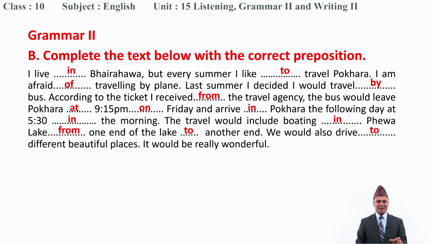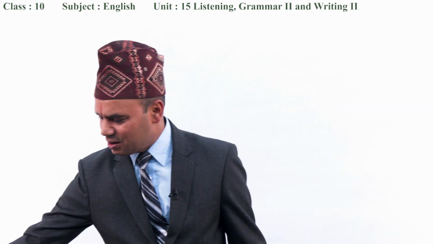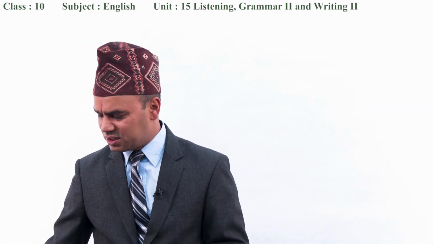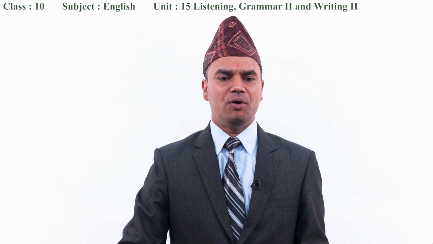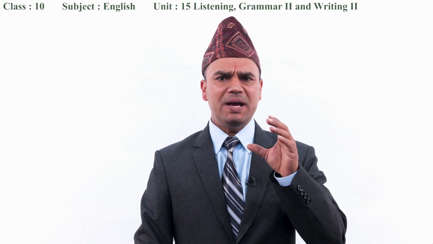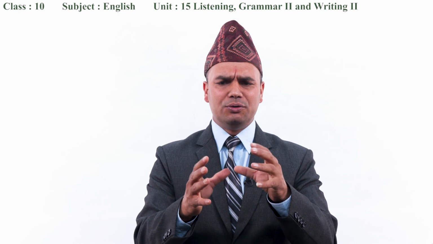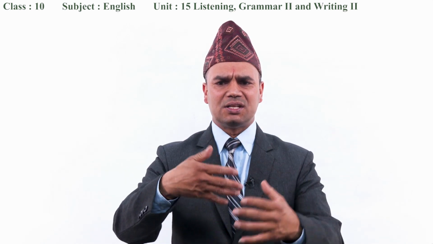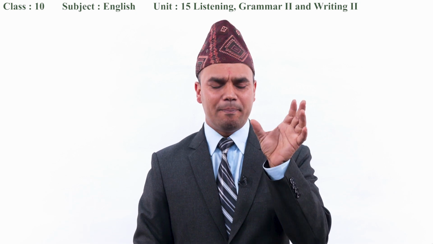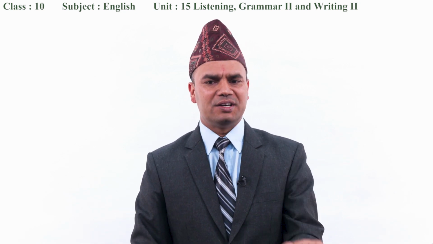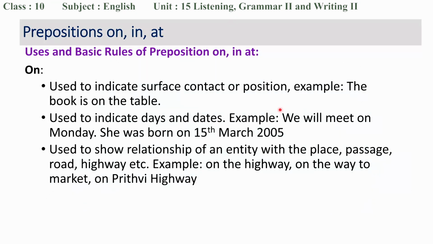And I'm going to describe some preposition rules for that. Sorry. Now I'm going to describe some basic rules. Most of the basic rules you know from when I discussed the questions. But again, for your memory and good understanding, I'm going to give some basic rules about the prepositions on, in, at.